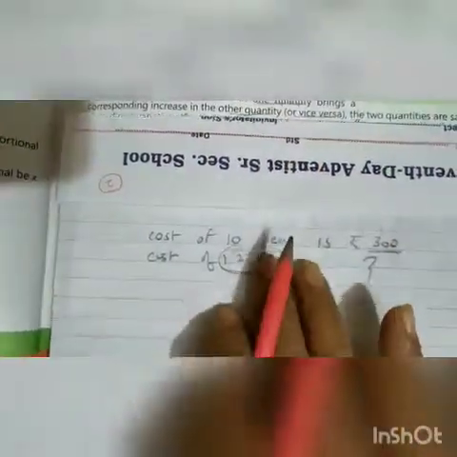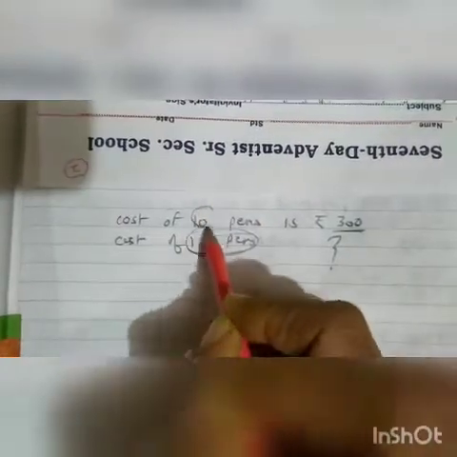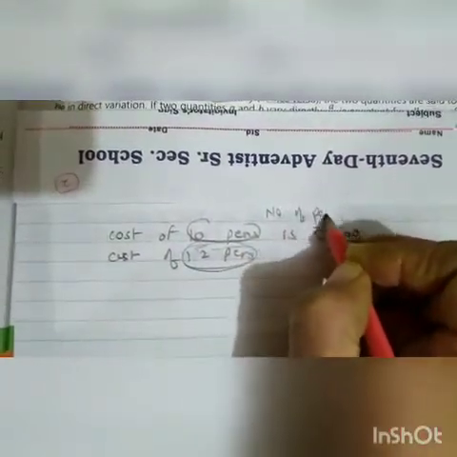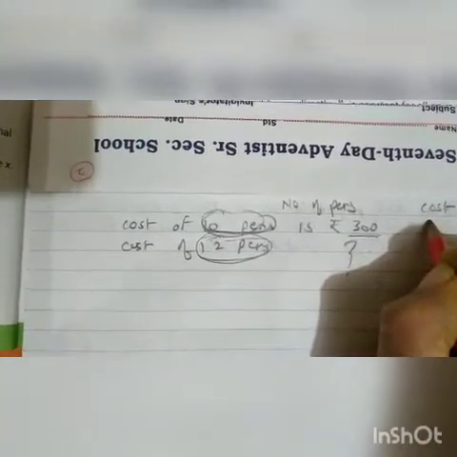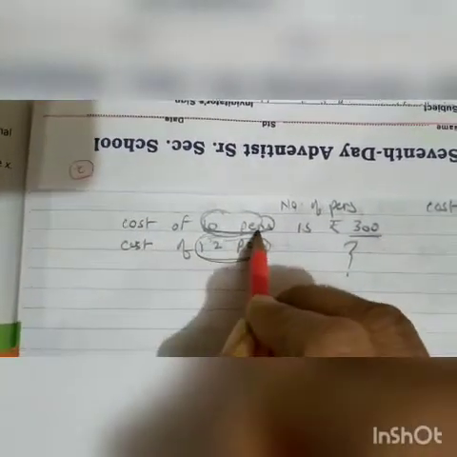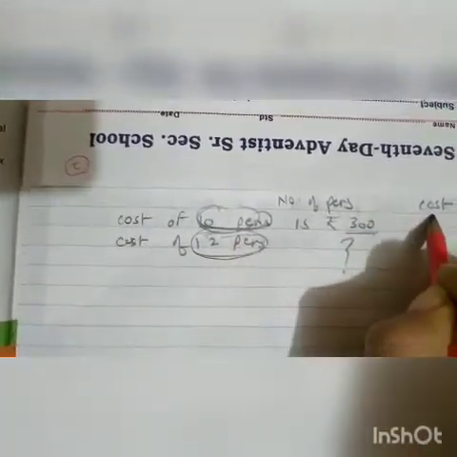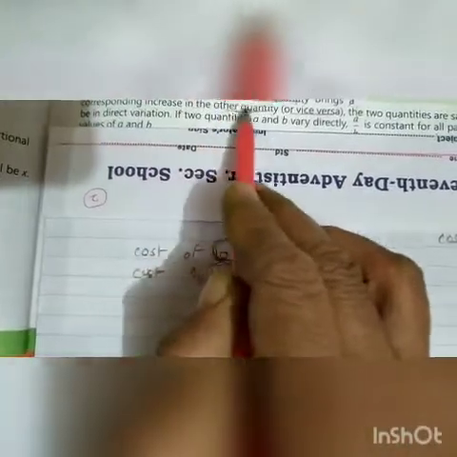Now see here, what is the meaning of this line? If an increase in one quantity, here these are two quantities. The first quantity is the number of pens, and the second quantity is its cost. In the first case, the number of pens is 10 and the cost is 300. So an increase in one quantity brings a corresponding increase in the other quantity.